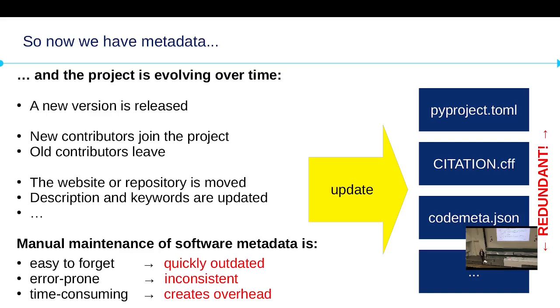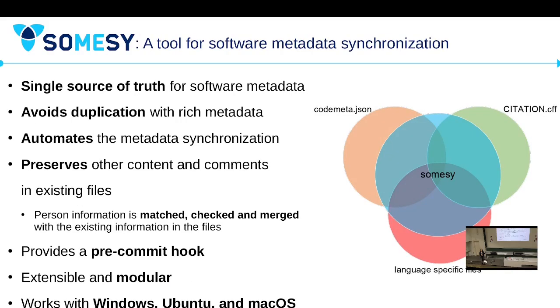But this is not specific to Python. It automates synchronization from programming language-specific files with metadata into these general recommended best practice files, and simplifies the job. You change it in one place, and all the other files are also synchronized with the information that we understand.